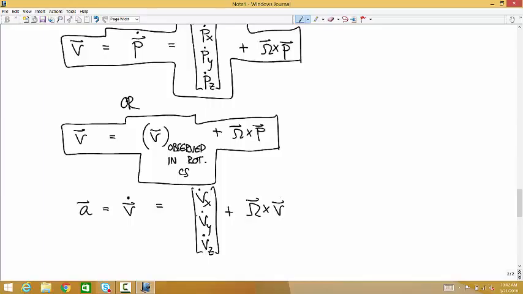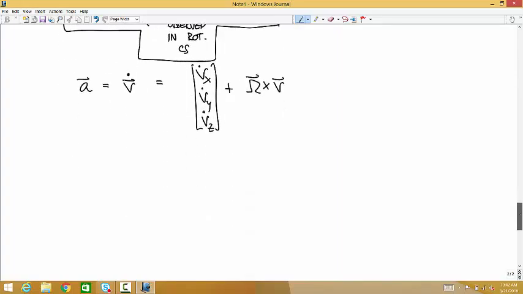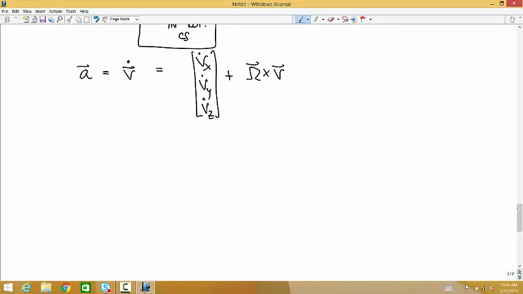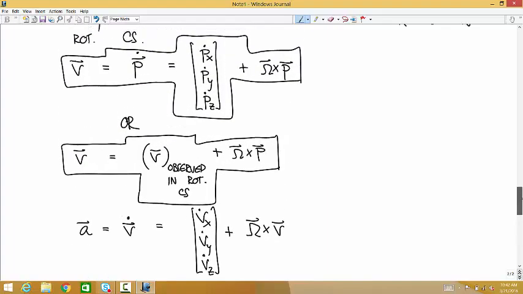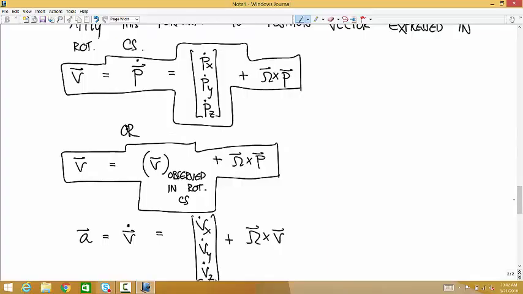But now this V is ugly looking, so this is going to get more ugly looking. All right, so Vx dot, Vy dot, Vz dot is equal to, well, these are the components of V, right?